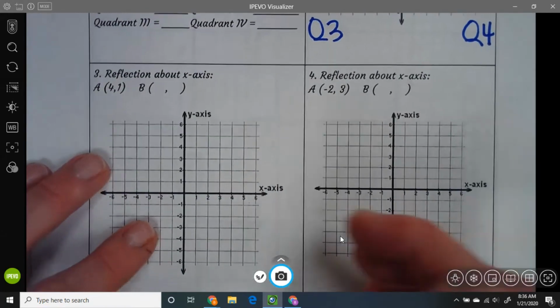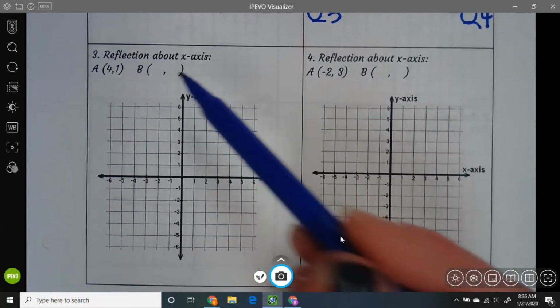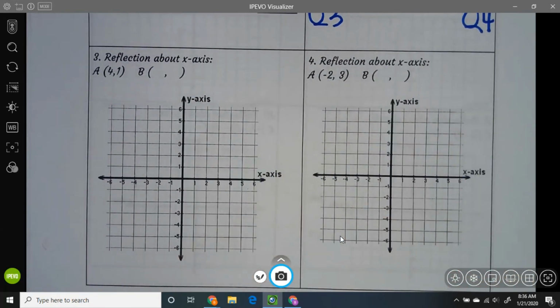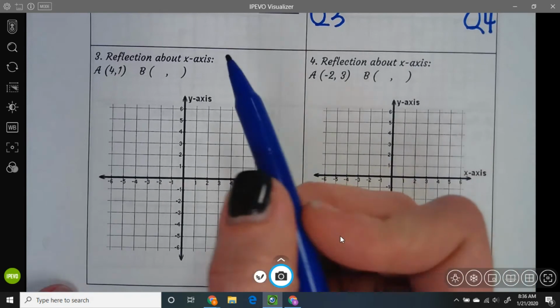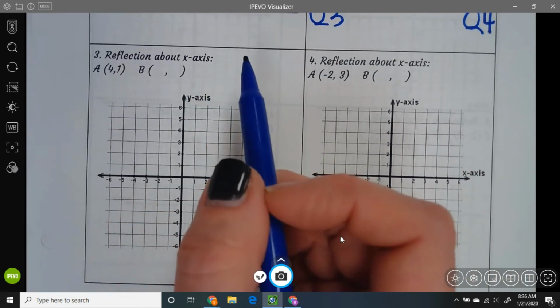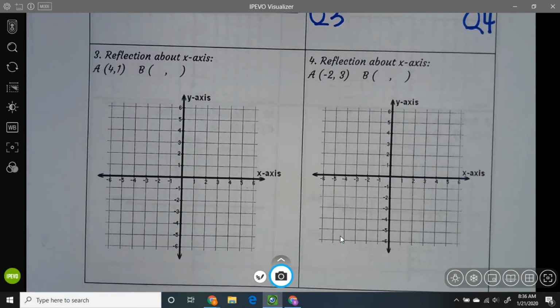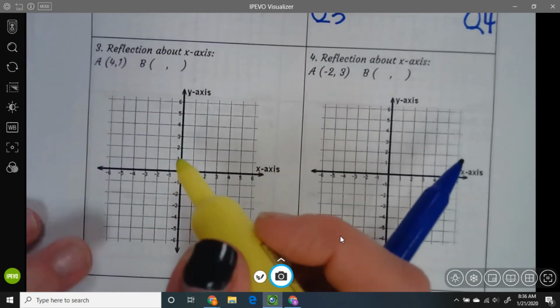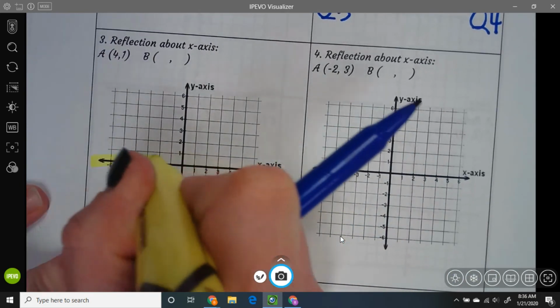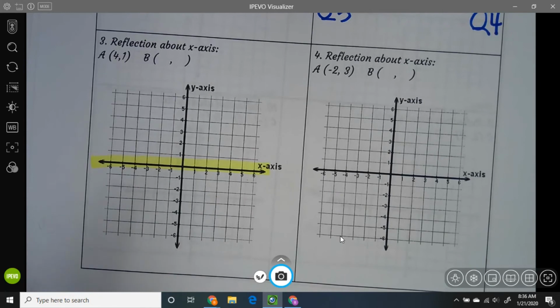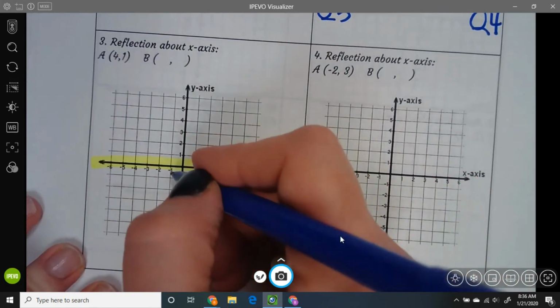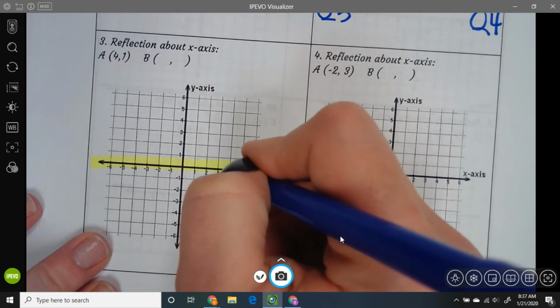Okay. And then when we do these ones where we're reflecting across the x-axis, I want you to think about a mirror. And in a mirror, you would look at your image on the opposite side of the mirror. So if you're reflecting across or about the x-axis, you would highlight the x-axis. And you could plot point A. So you'd have 4, 1 here.